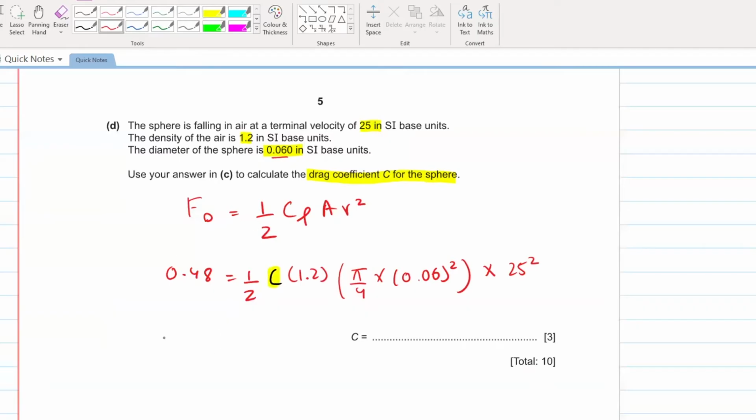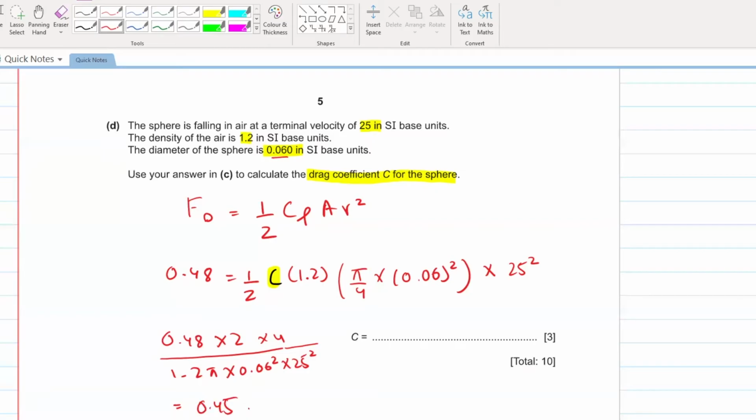Yes, you can easily calculate it. 0.48 into 2, 4 also gets multiplied there, divided by 1.2 pi into 0.06 squared into 25 squared. Can any genius in the chat calculate this answer? What does the drag coefficient come out to be? 0.45.